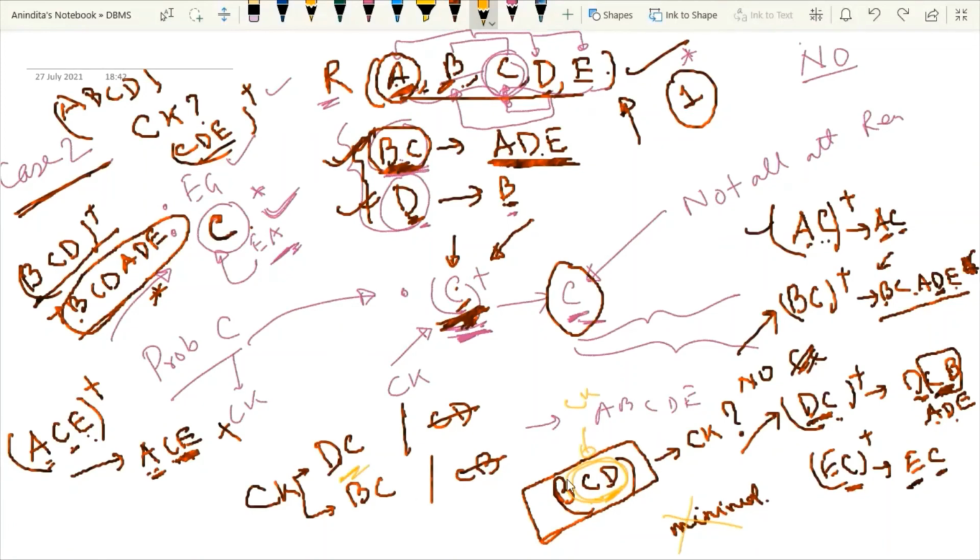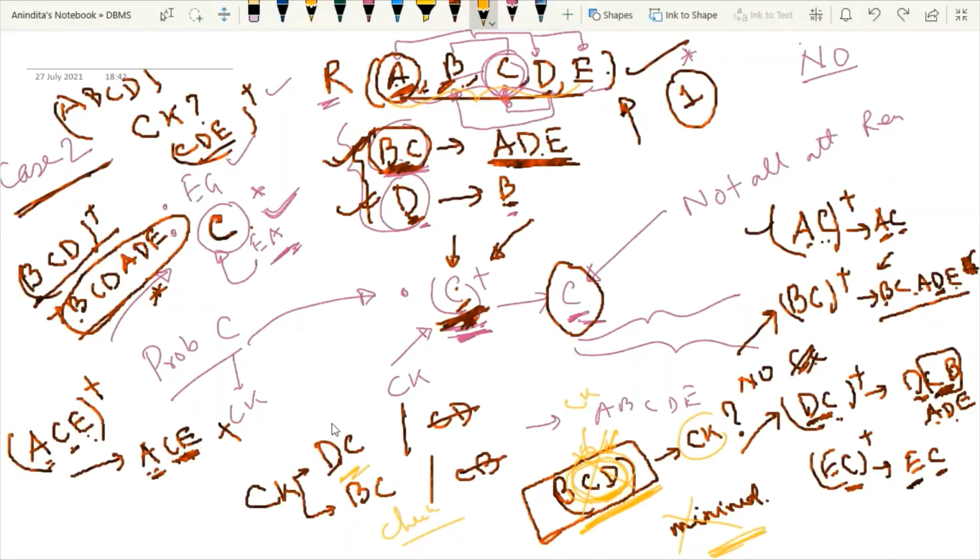So if you find any situation where from LHS you can get all the attributes of the relation, then you just check once whether there exists any subset that alone can identify all the attributes. If yes, then it is not a minimal thing. If it is not minimal, then it is not a candidate key. So in this case, BCD fails since CD is a candidate key.